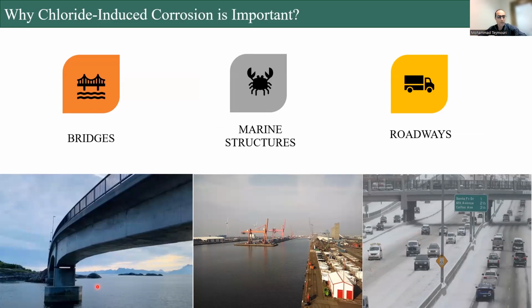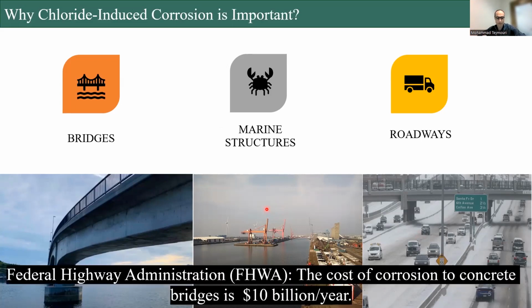The columns are in contact with the ocean water that contains sodium chloride, and on the deck we apply de-icers. So we can see on bridges, marine structures, and roadways we are using de-icers and chloride ions. So we know that we will end up with the corrosion of the concrete structures.